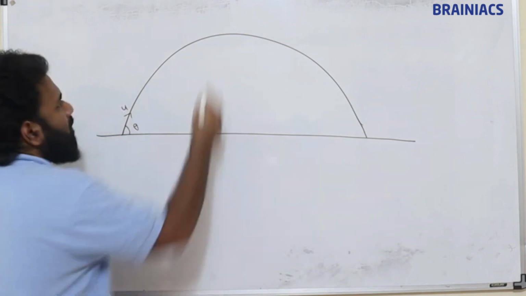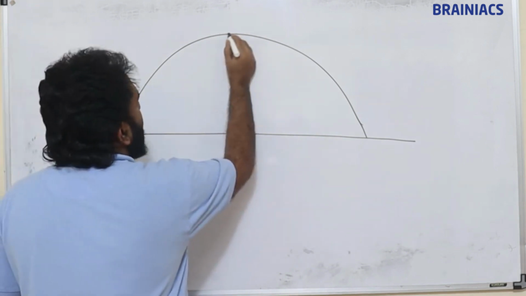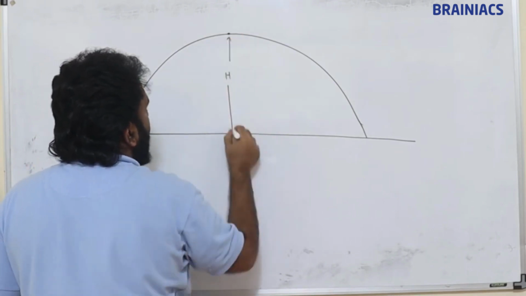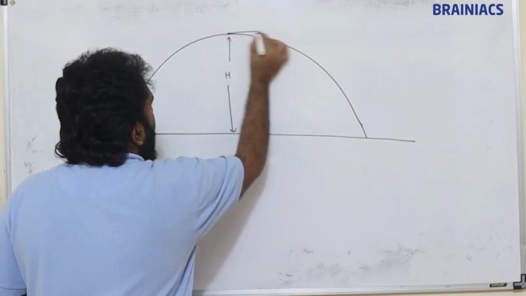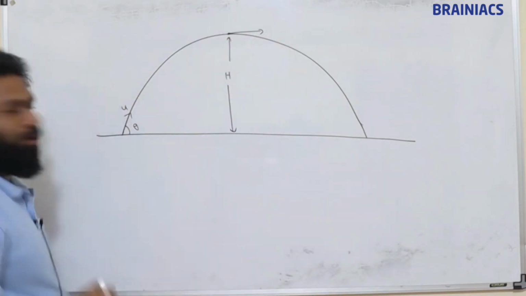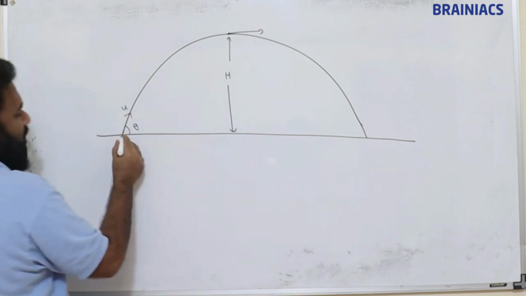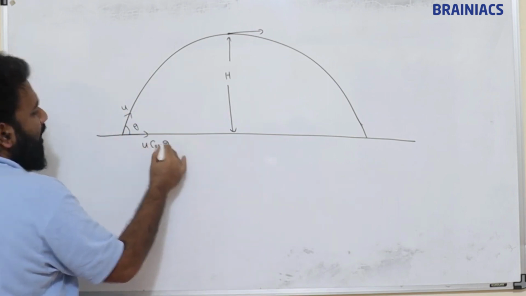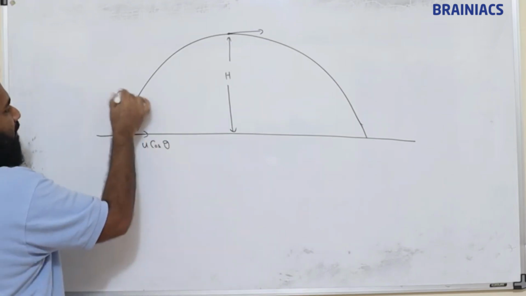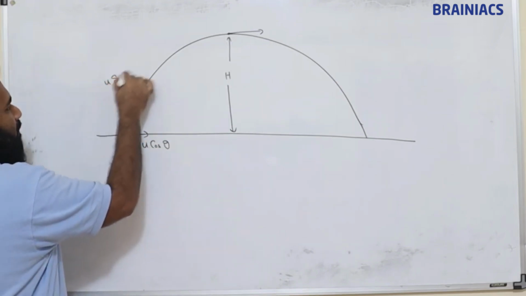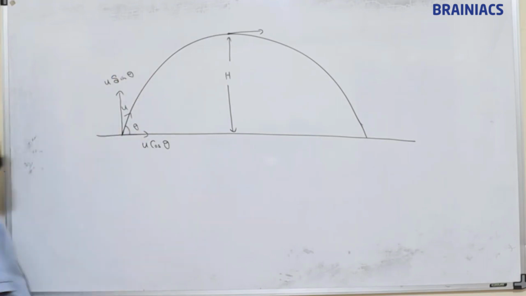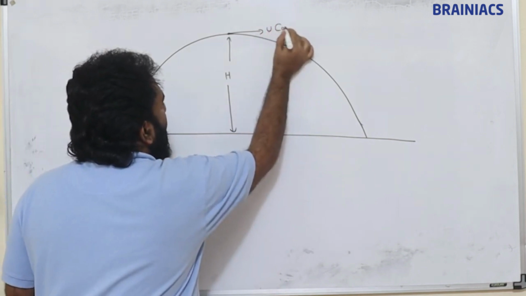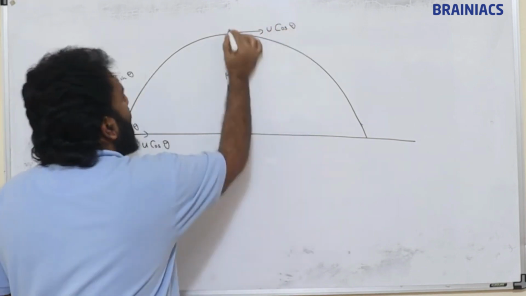At the highest point, that is at the maximum height, this will have only one component of velocity. If we resolve this initial velocity u, we get u cos theta along the horizontal direction and u sin theta in the vertical direction. So at the topmost position we have u cos theta only.